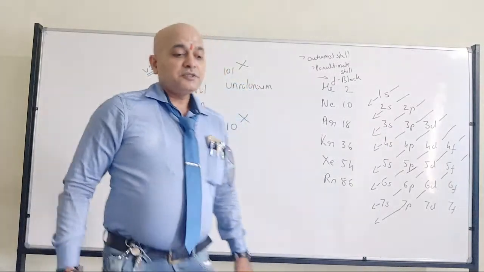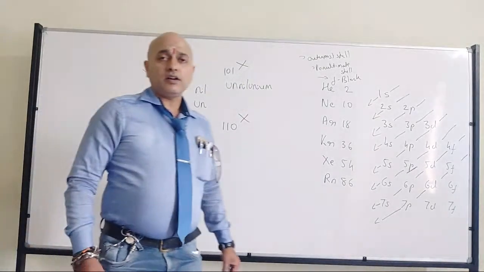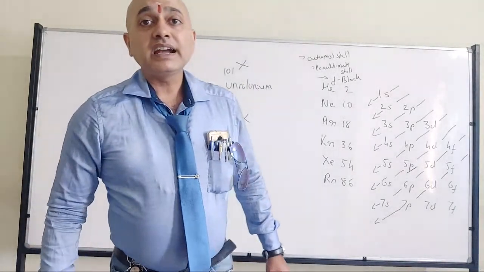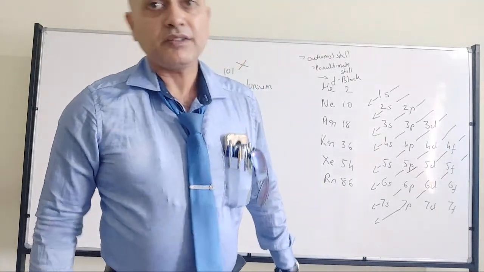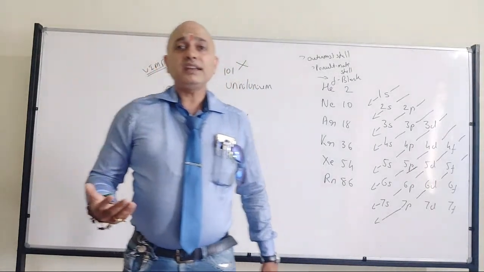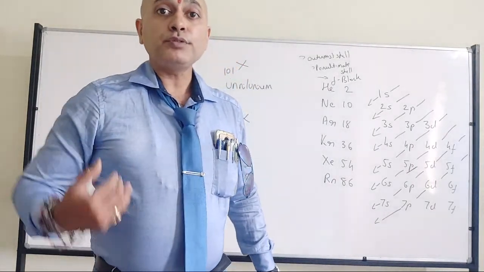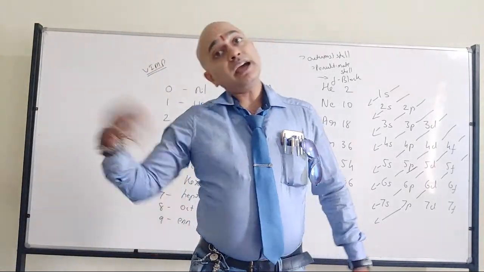Okay, so this name, that un-nil-un and all, that is based on the Greek. So based on that, they have given the name. Okay, because what will happen here is, in some of the countries, they want to contribute to their scientist, and some other countries they want to contribute to their scientist.